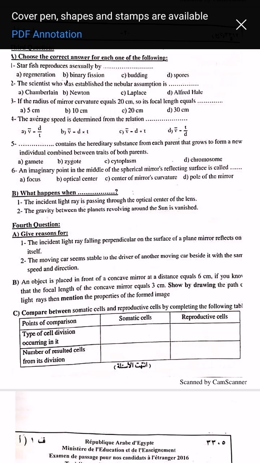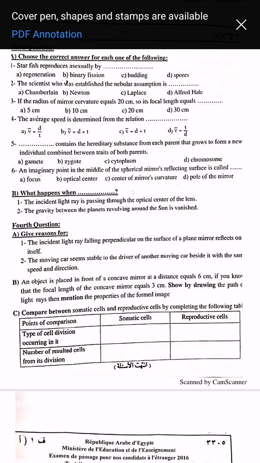When the object is placed at the center of curvature, it makes an inverted image equal in size, at the same position, at C. So the image will be formed at C. The properties of the image: real, inverted, equal in size, and at the same point, the center of curvature.